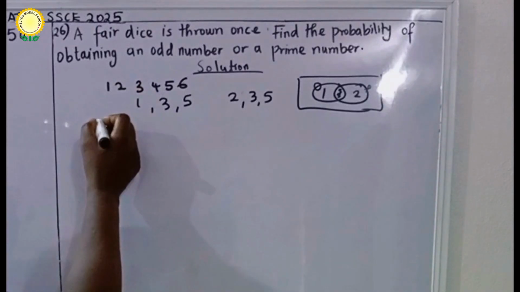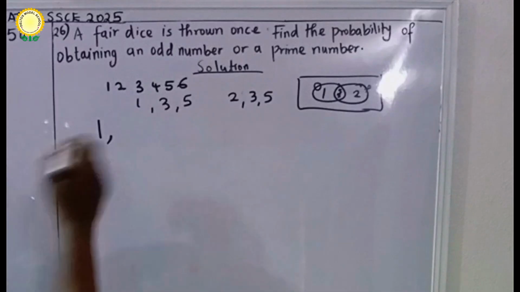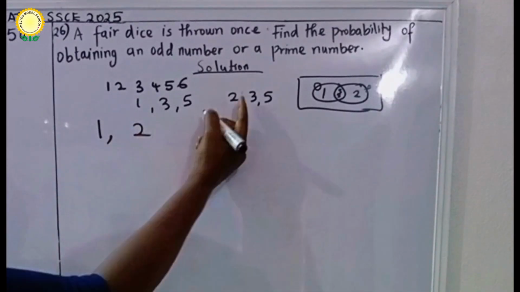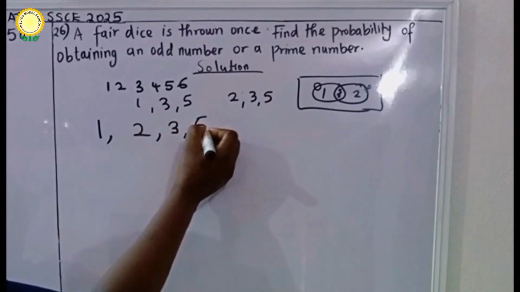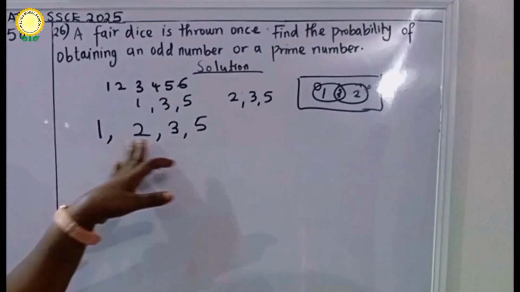First, the probability of getting 1. The next one is that you get 1, or 2, or 3, or 5. If you throw it once, you can't get 3 two times. So you can only get it once.